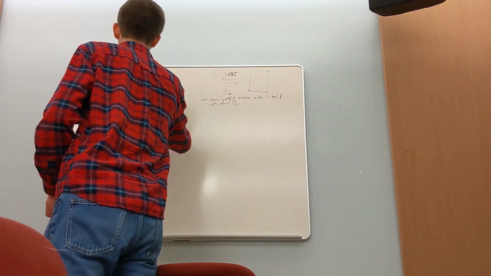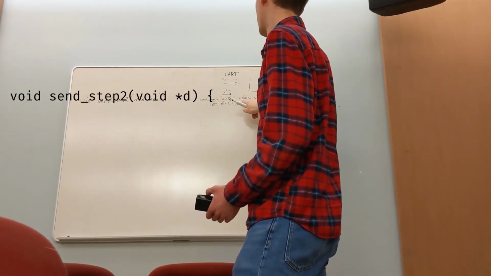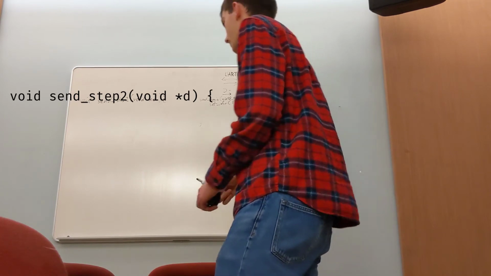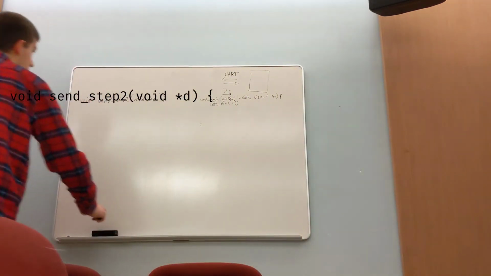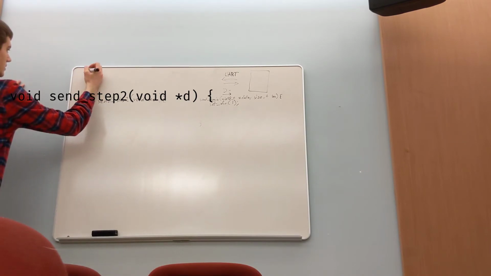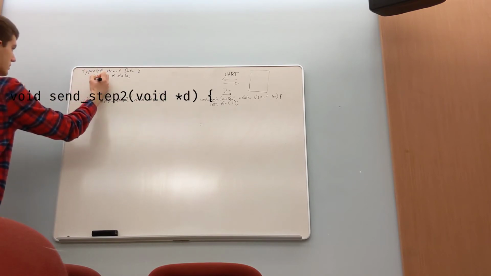How do we actually do that? Because we need to pass in sort of 2 pieces of information. We need to pass in the data and the length. Well, one way we could do that is to create a struct. For each parameter, it has a field.